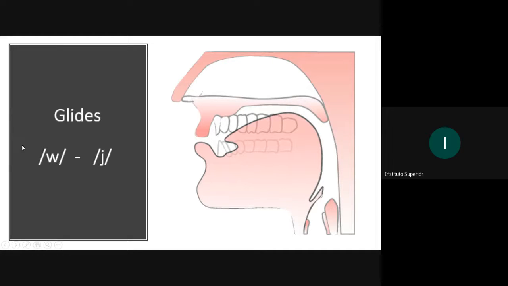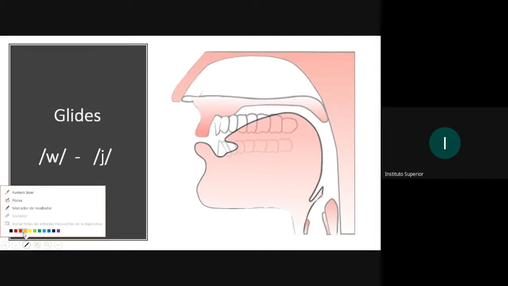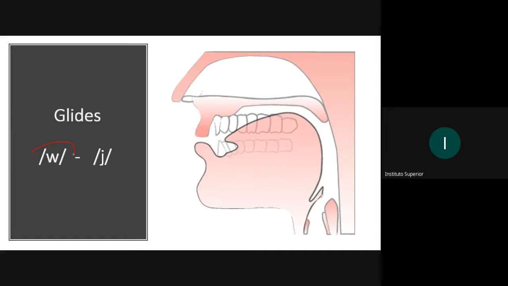Do you remember what we were talking about to these last two sounds? Do you remember this production and this production? Both are semi-what? Semi-vowel. Yeah, semi-vowels.